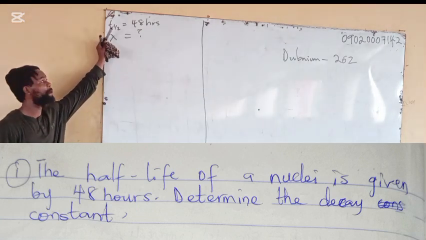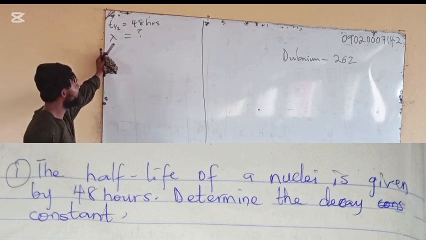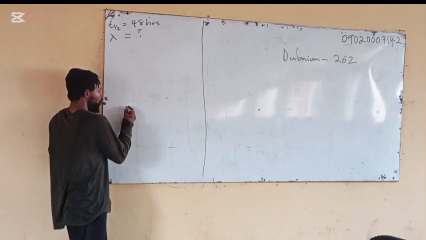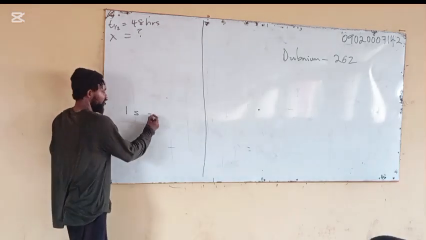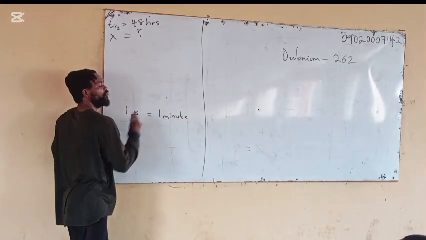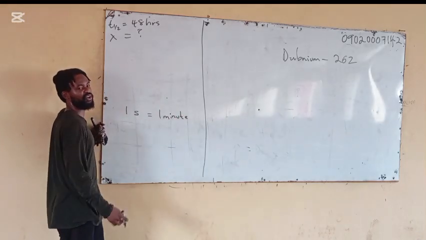Divide by minutes? Is it true? Seconds, so first of all, 1 minute is equal to 60 seconds. Watch now. 1 minute is what is equal to 60 seconds.